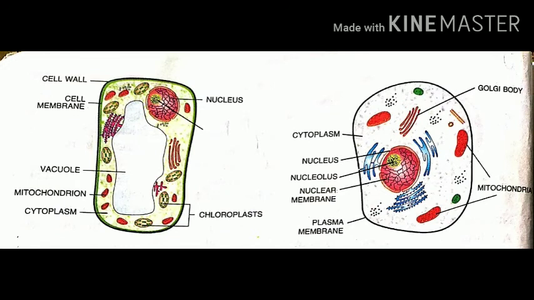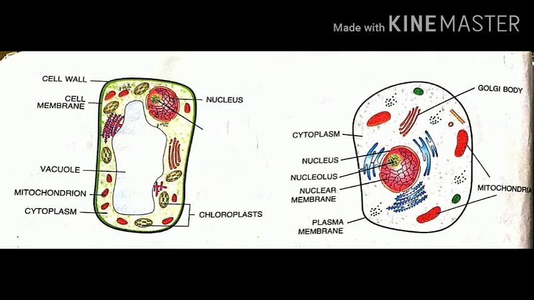The next topic which we are going to study is the cell organelles, and these are the different organelles which are present in plant cell and in animal cell. The development of better microscope, especially the electron microscope, revealed that cytoplasm further contains many tiny structures, and these tiny structures are called as cell organelles.